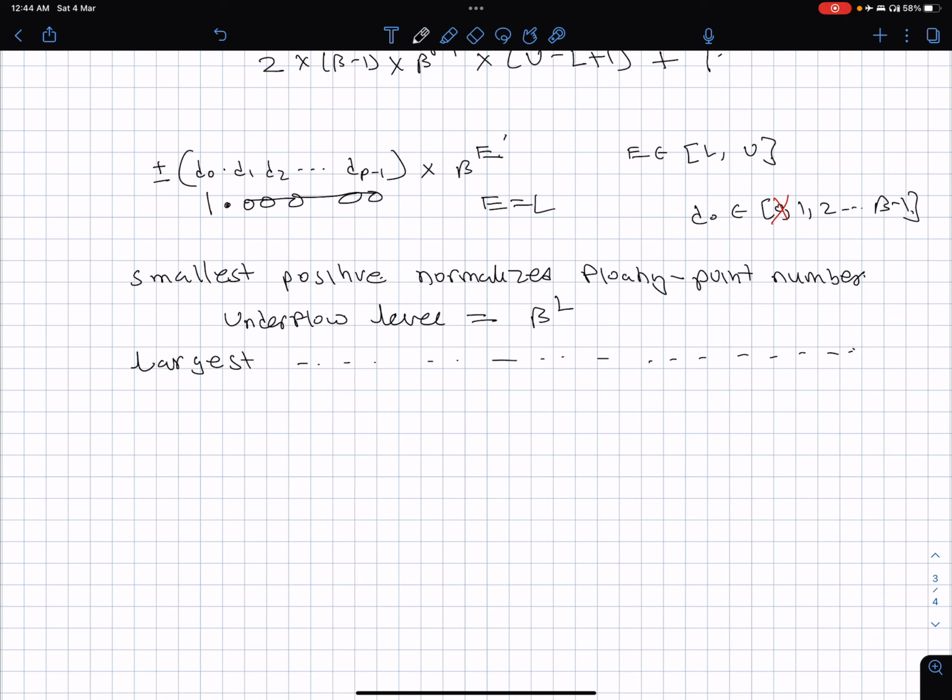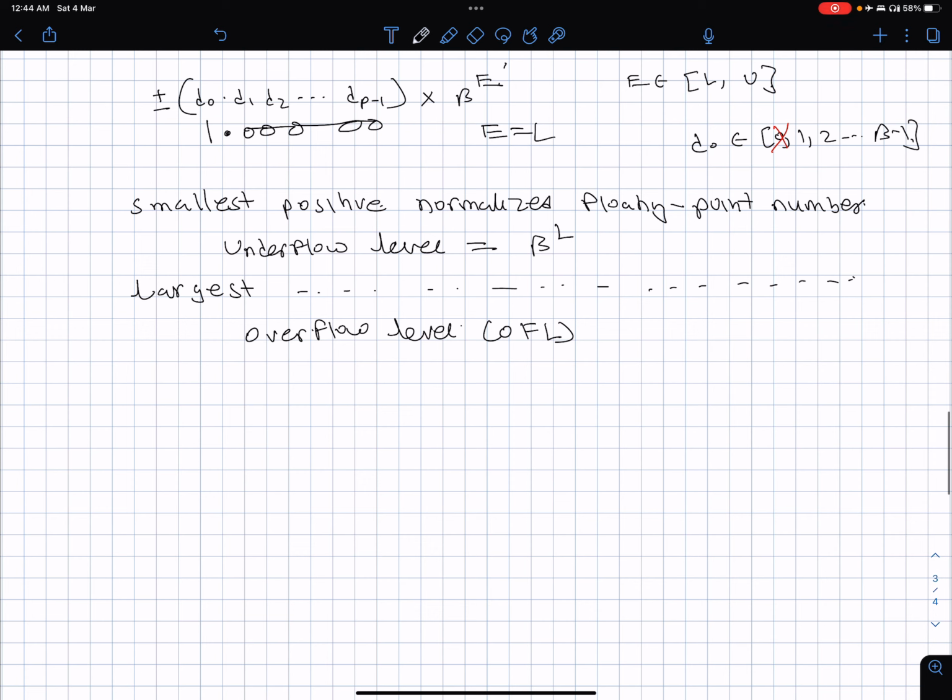Now, what is the overflow level, or OFL?